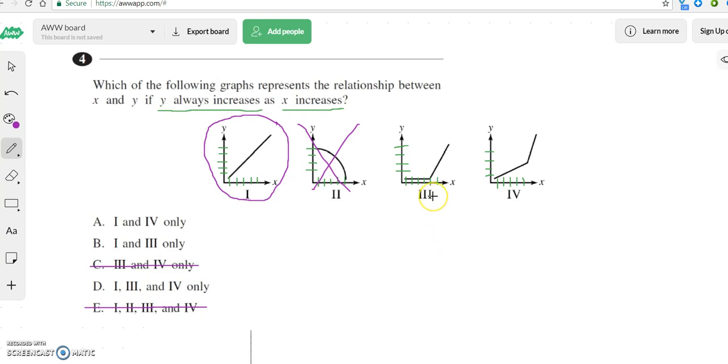What's happening with number 3 is that these first few dots are perfectly straight. There is no increase taking place there. So the y on these is going to stay at, this should actually be at the 1.